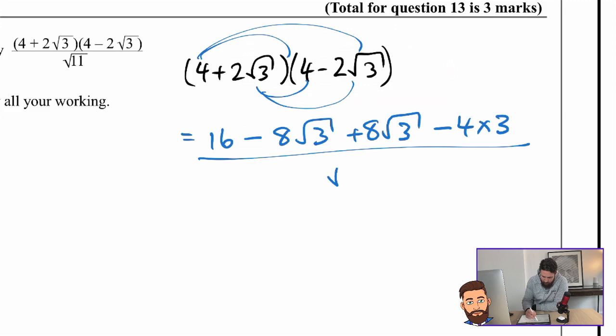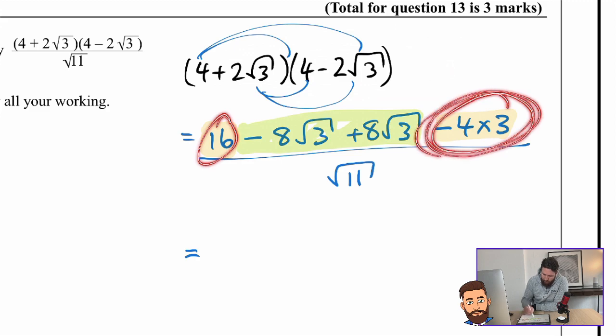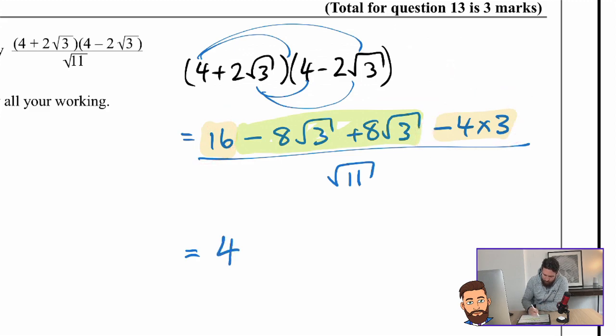Let's sort the top out. What like terms have I got? I've got these whole integers, these whole numbers. They can go together. And they are the same surd of a root 3, which means they can go together. And what you can spot here is we have 16 take away 4 times 3 is 12. 16 take away 12 is 4. Minus 8 root 3 plus 8 root 3.